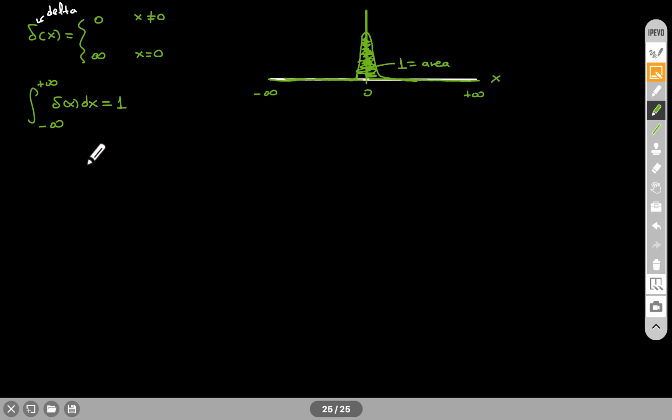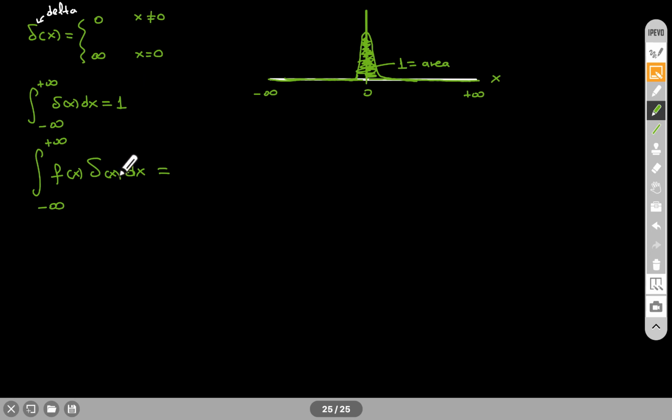Now here's one more thing about the delta function. If I have f of x times the delta function dx, what should I do? Well, the delta function is 0 whenever x is not 0.